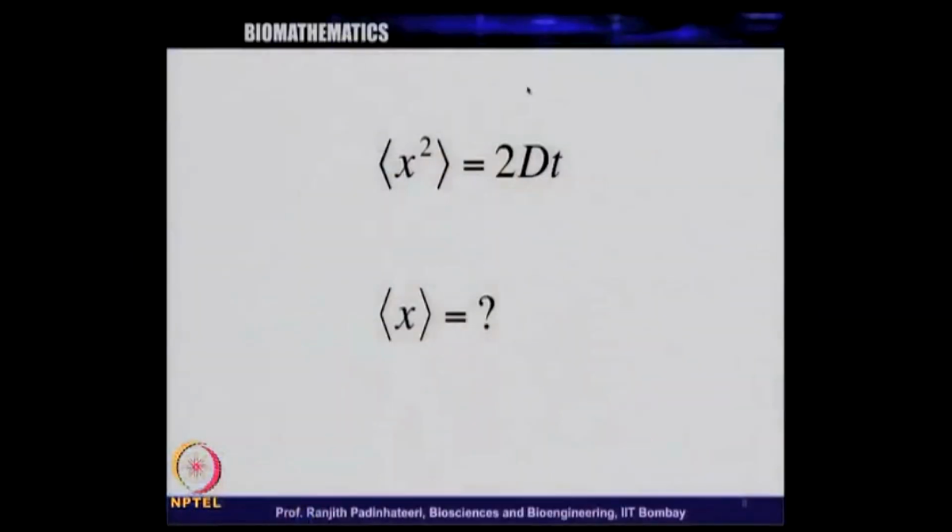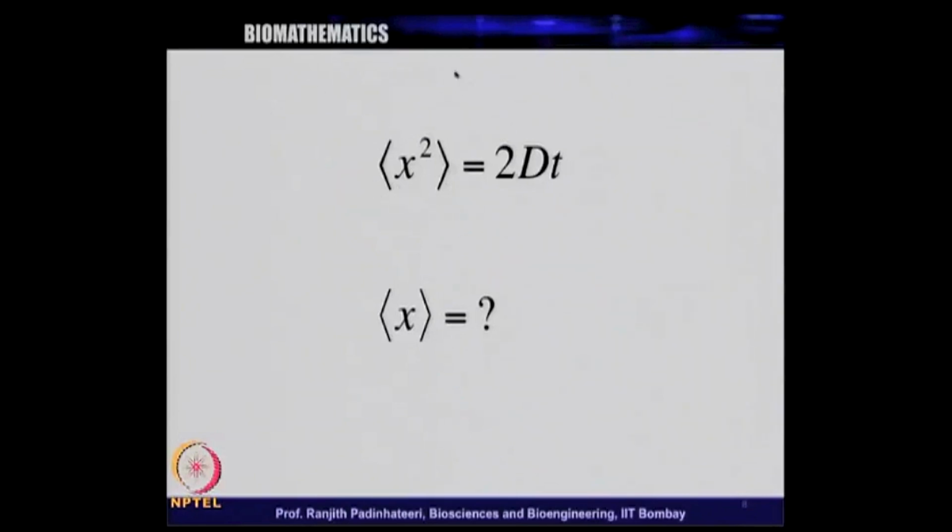Now we will calculate x average, something which we are going to learn. So the next question is, what is x average? That is the question that we want to address next. We found in the previous lecture that x square average is 2Dt.